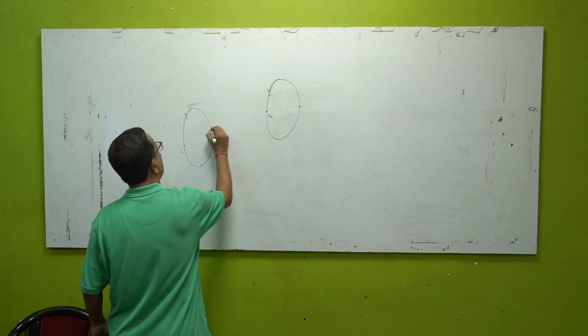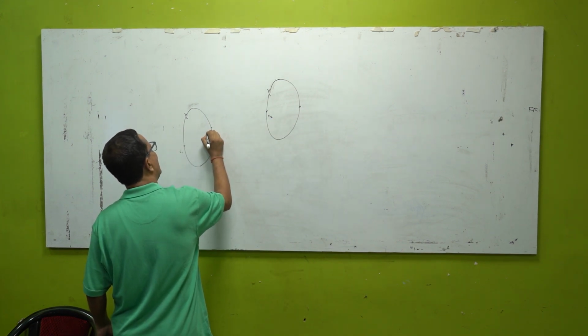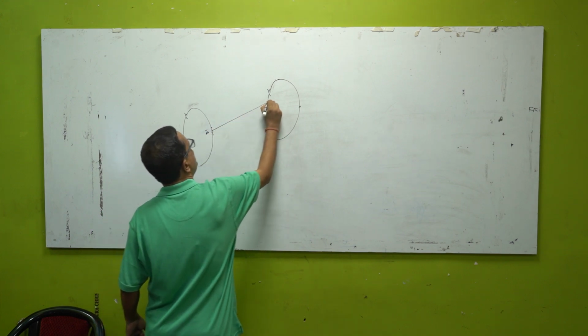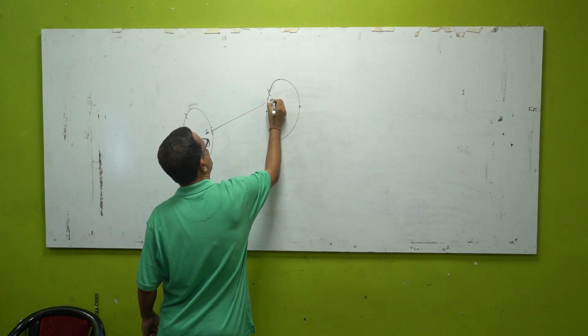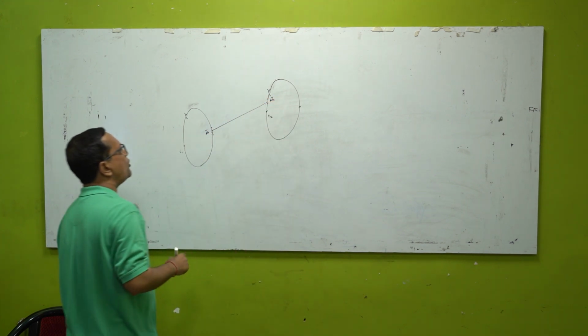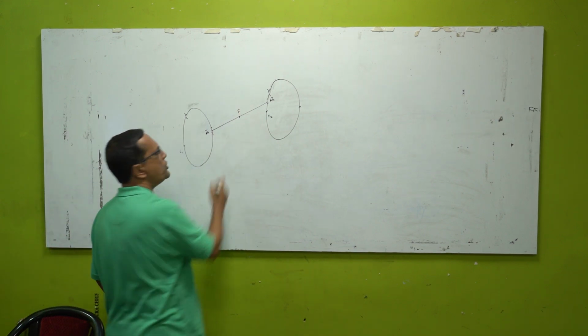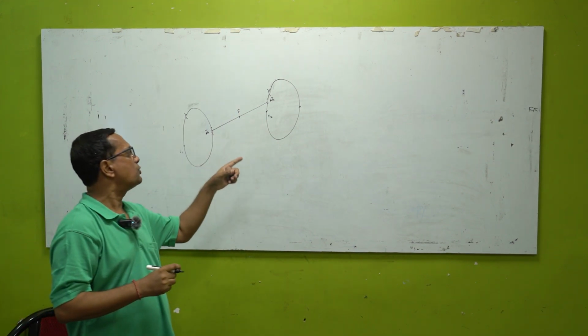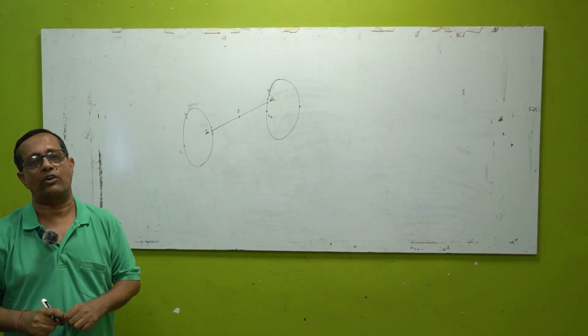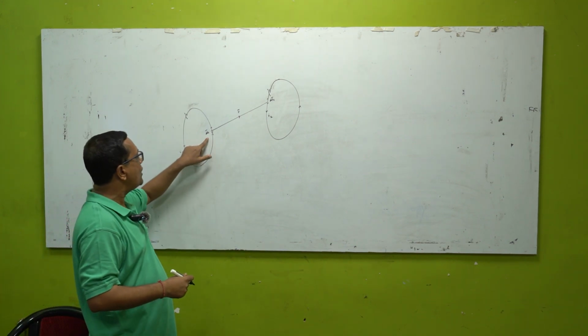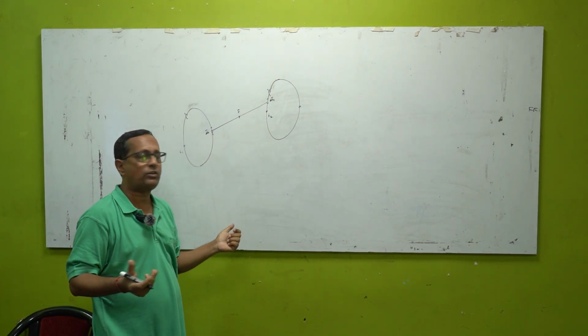Now this is a small current element dl1 and this is another current element dl2. The position vector of dl2 with respect to dl1 is the vector R. Similarly, the position vector of dl1 with respect to dl2 is minus R vector.